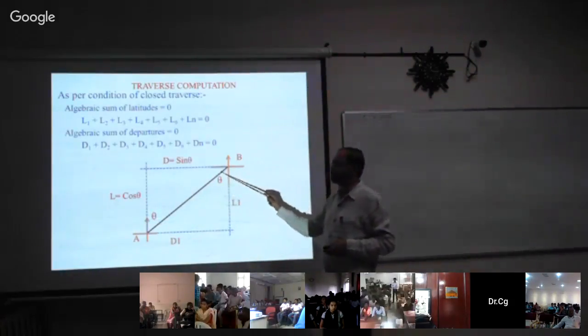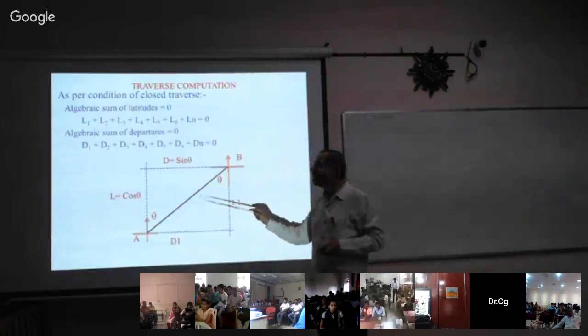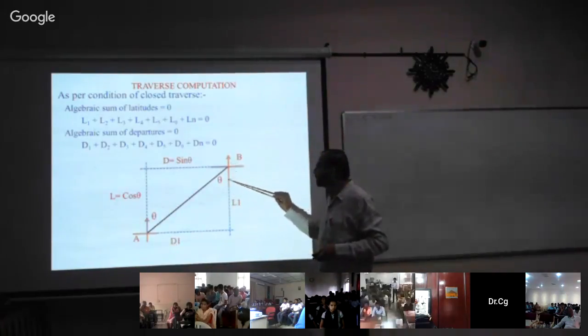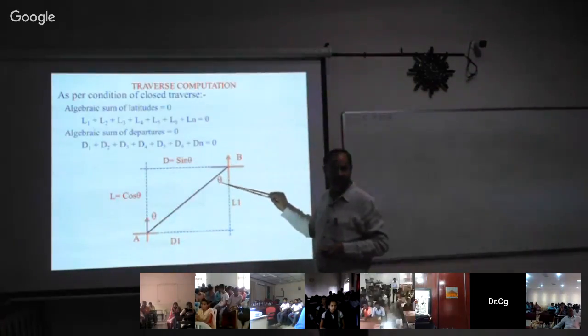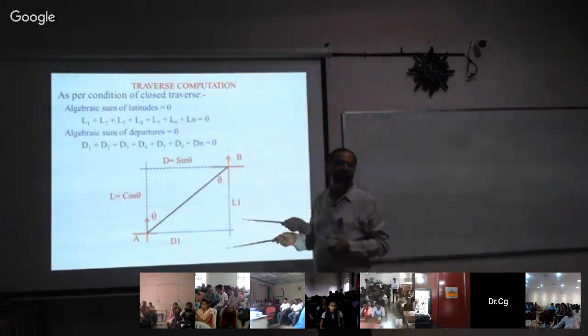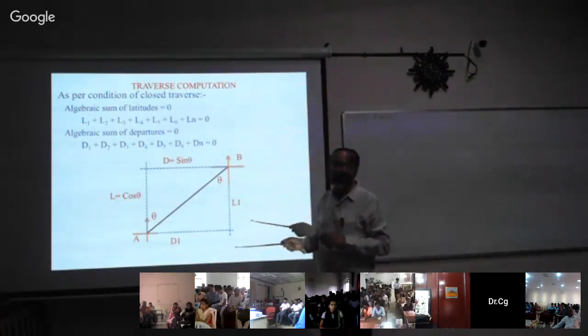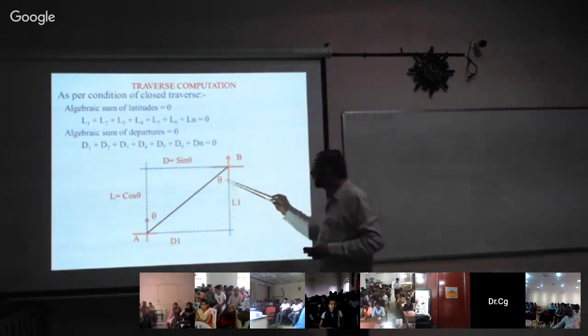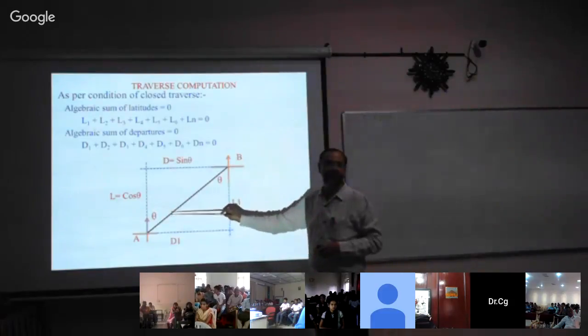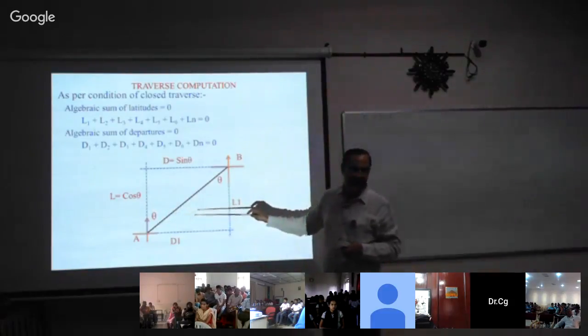Suppose you consider BA, then the whole circle bearing is theta plus 180 degrees. In the quadrant system the bearing is south theta west. Got it? Understood?